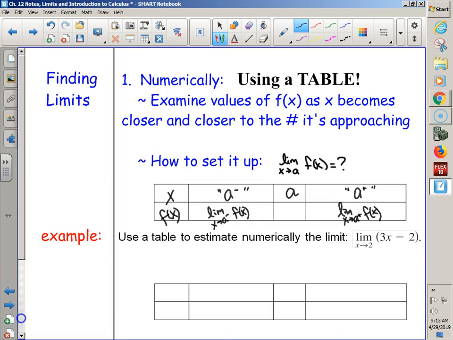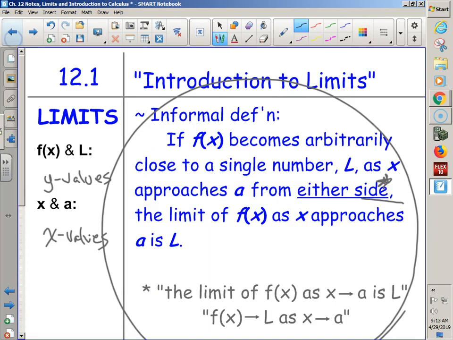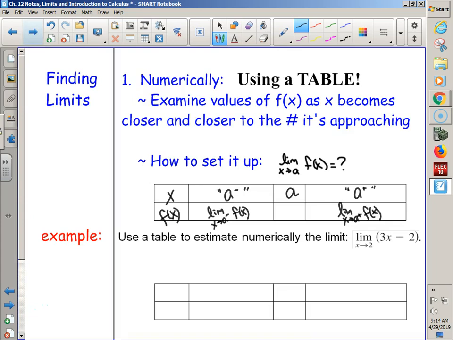And if they agree, as you come towards x equals a, f is approaching, whether from below or above, the same single number L, then we are able to fill in that L. I'm going to make it a different color just so you realize that's not something that we just plug in and get out.